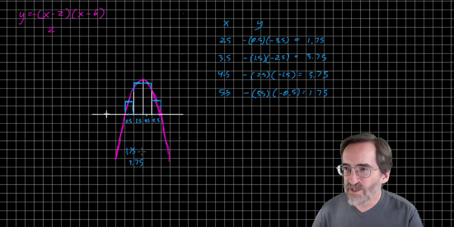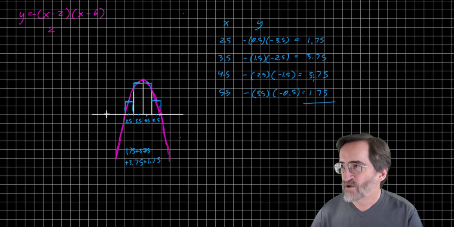So 1.75, 3.75, 3.75, and 1.75. Adding them all up: 1.5, 1.5, and 1.5 is 3, 4, 7, 10, 11. So we actually get 11 out of MRAM.